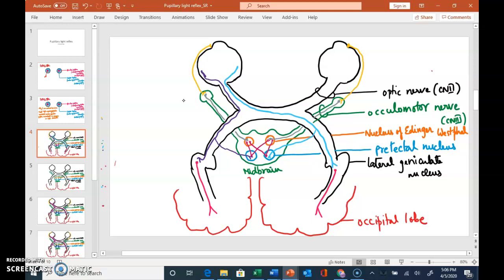the neurons from the pretectal nucleus synapse with another neuron in the Edinger-Westphal nucleus on either side.